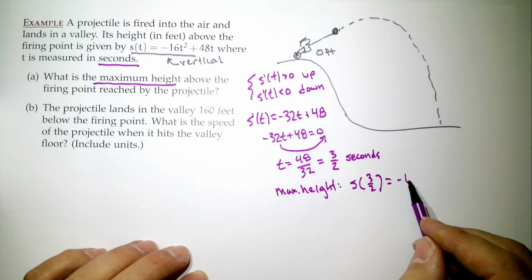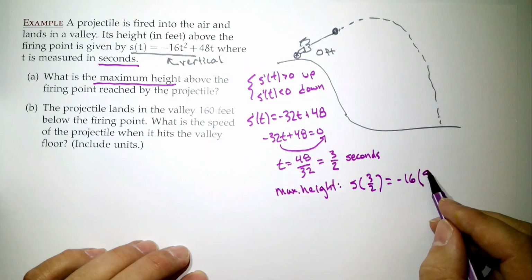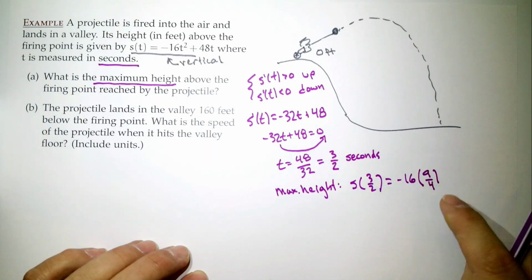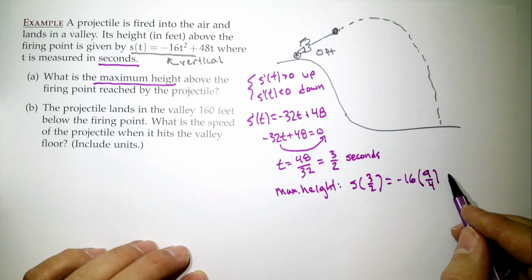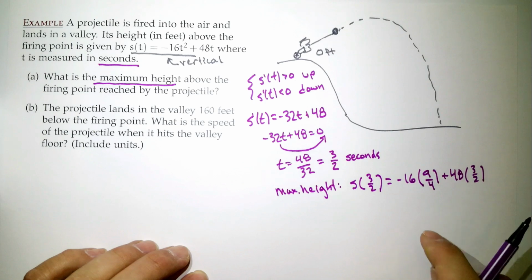So that's negative 16 times 3/2 squared, well, I'm going to go ahead and write that as 9/4, plus 48 times 3/2.